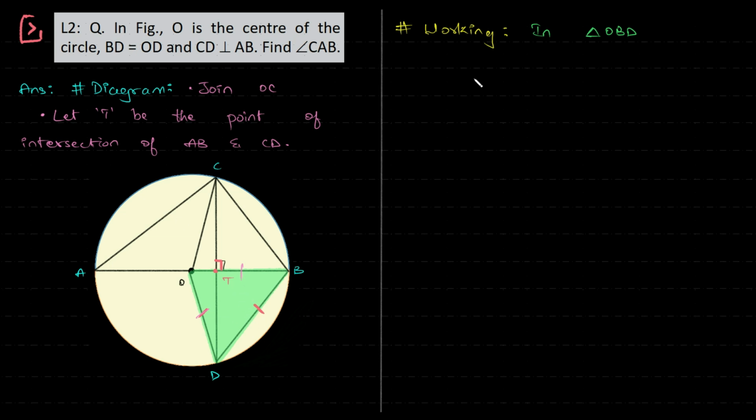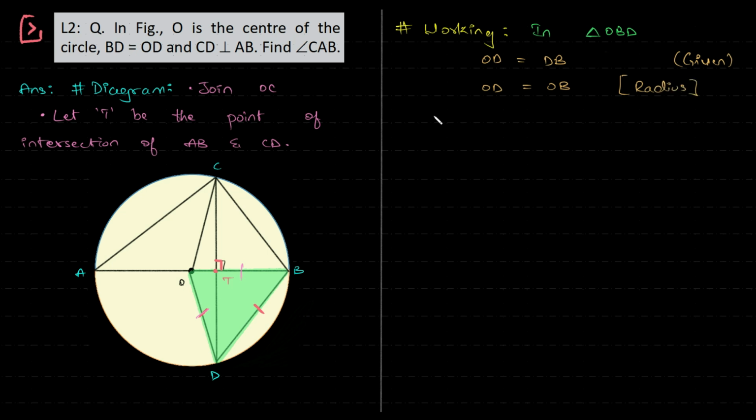So we'll just end up writing the following. In this particular triangle, we have OD equal to DB, right? Both are equal to radius. So this is given. And also OD is equal to OB because they are radius.